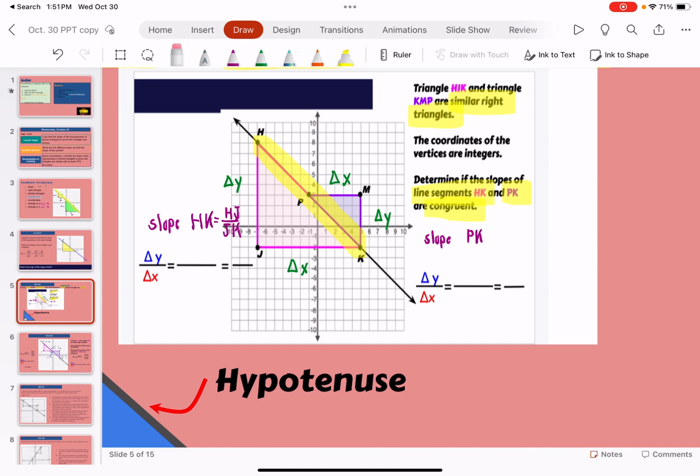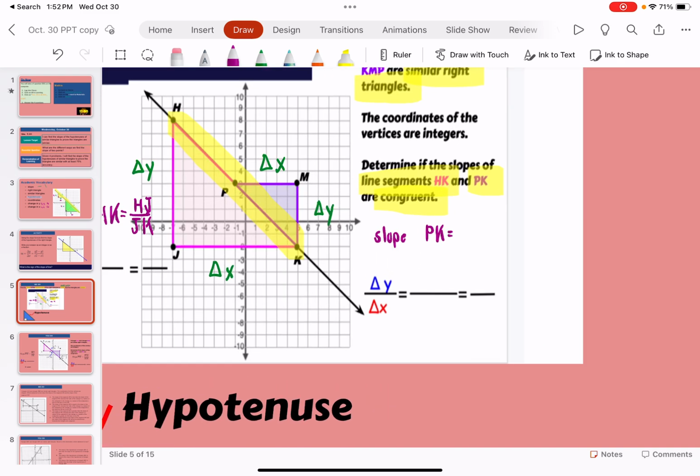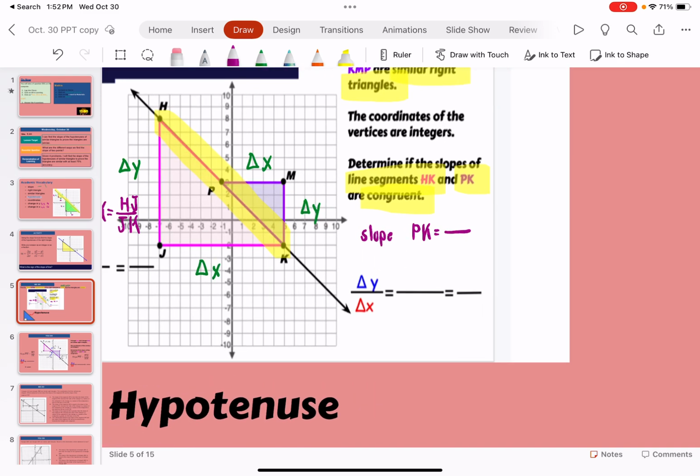So even if you switch the letters, HJ is the same thing as JH, or JK is the same thing as KJ. And then for our slope of PK, our change in Y is MK, as you can see right here. And then our change in X is PM, which again, you guys can flip around the letters.